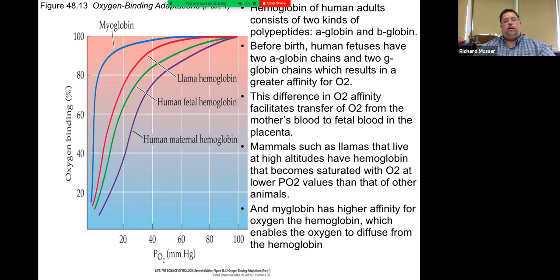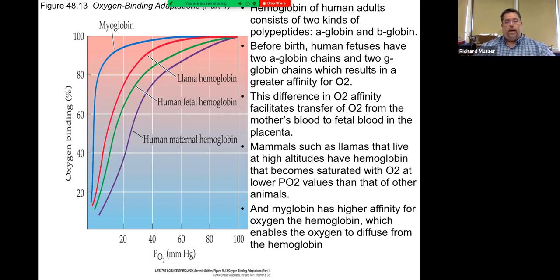So the green one, so you have the purple, green, red, and blue. So you can see the purple gives up its oxygen more easily when there's less oxygen in the blood, saturated oxygen in the, when I say blood, I mean the blood plasma, not the hemoglobin. So again, the maternal hemoglobin is going to liberate oxygen more easily than the human fetus, which has that greater affinity to hold on to it.